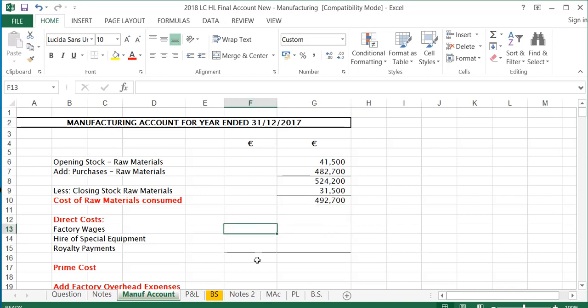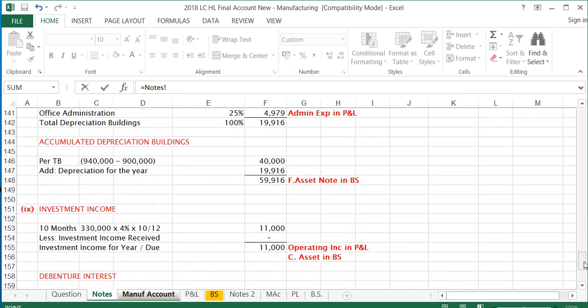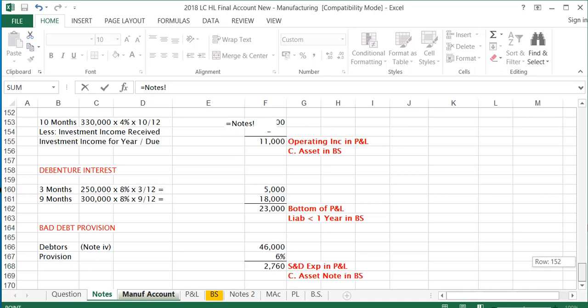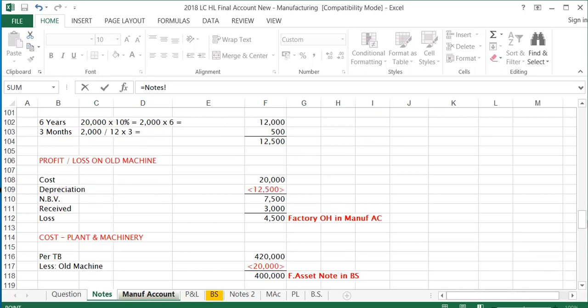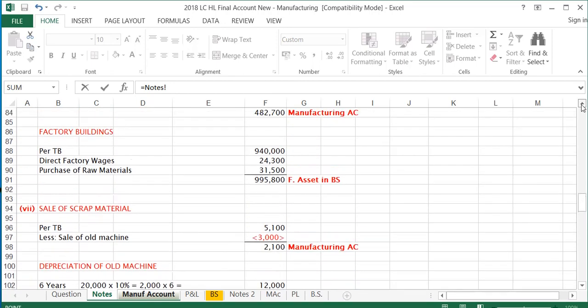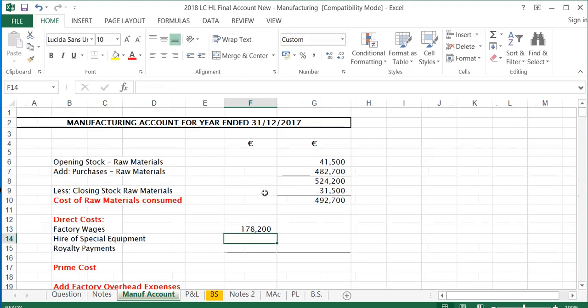So the factory wages, I split my factory wages. It was one of the last notes. So the direct factory wages, sorry, note 6, is 178,200.